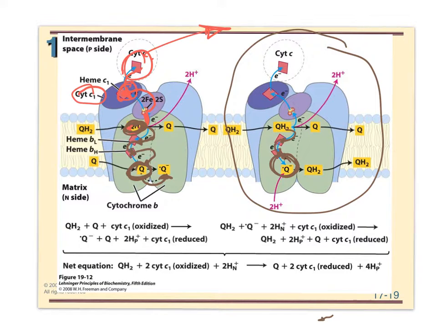Now I'm going to go back up to the top. I know it kind of goes all over. Now, since we've got rid of both of these electrons, it's no longer QH2, it's just a regular Q. And that Q can go back to complex 1 or complex 2 to gain 2 more electrons. Or that Q can go down here if this spot is open and be available to accept electrons.